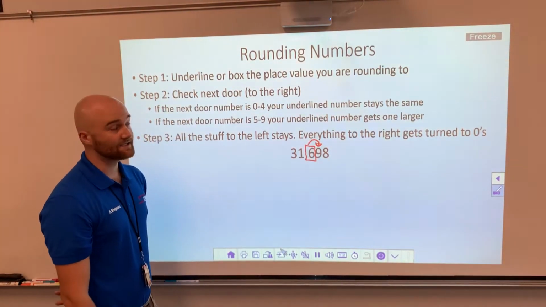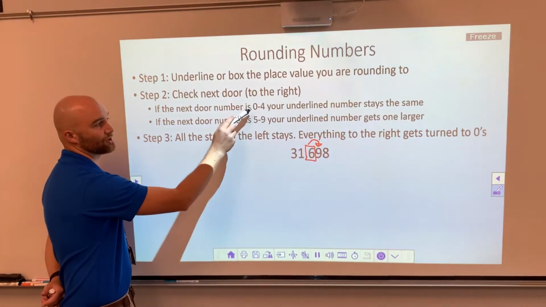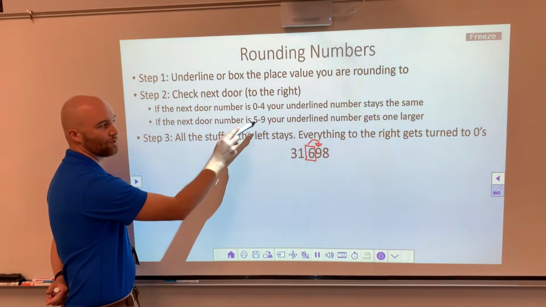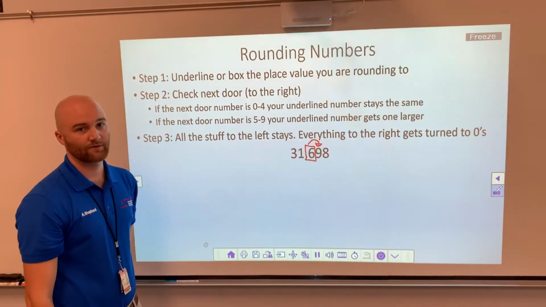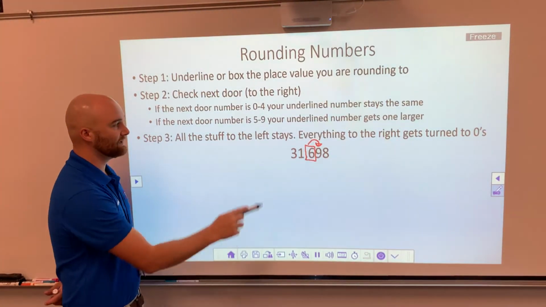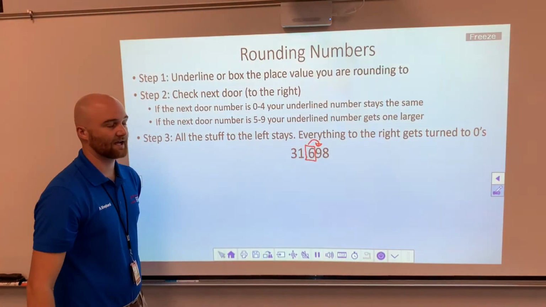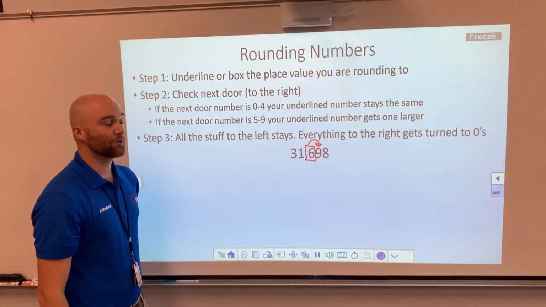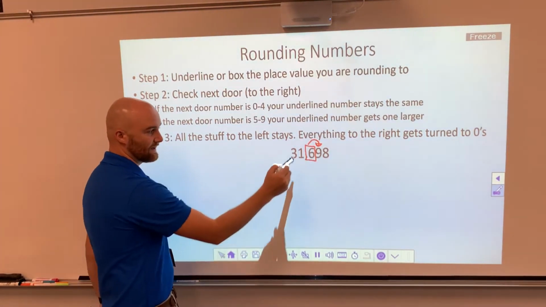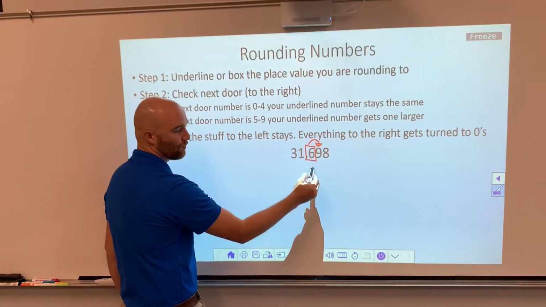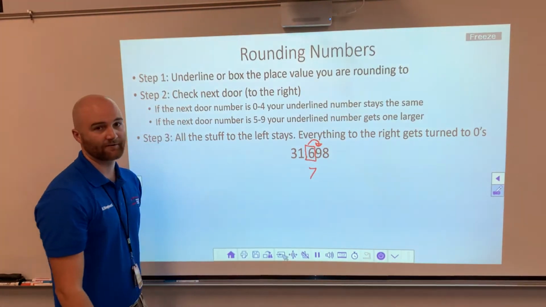That 9 tells us what to do. Should I leave it the same, or should I raise the score? Well, the 9 is between 5 and 9, so the number is going to get bigger. This number in the box is going to change to 1 number higher.